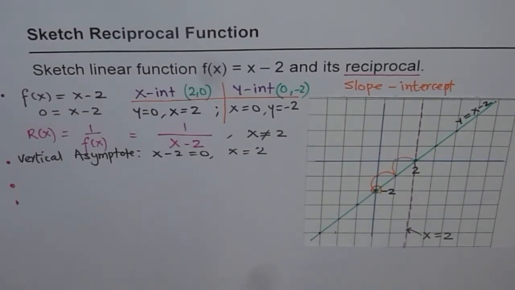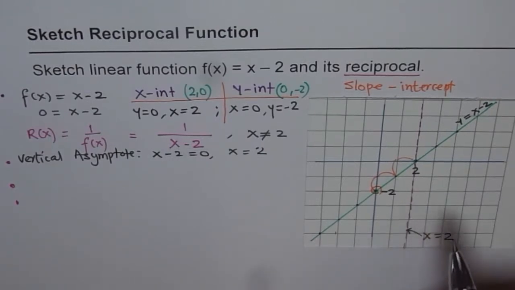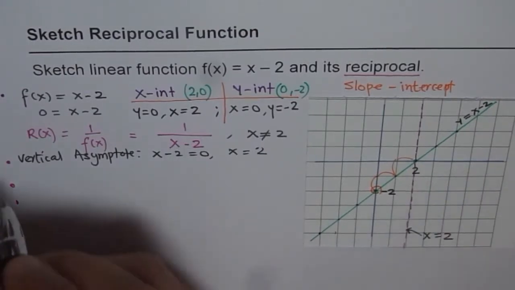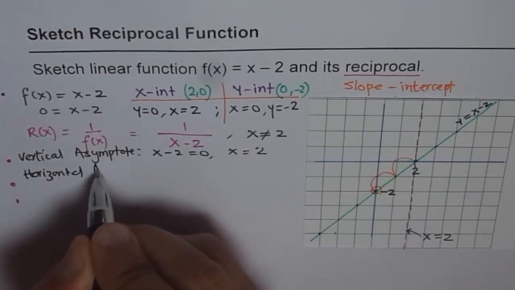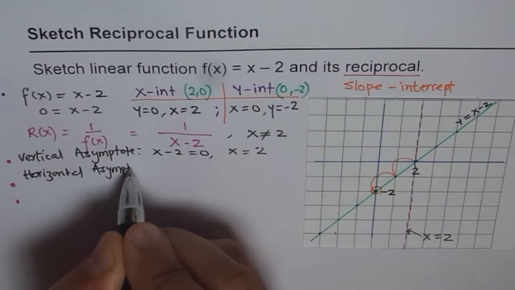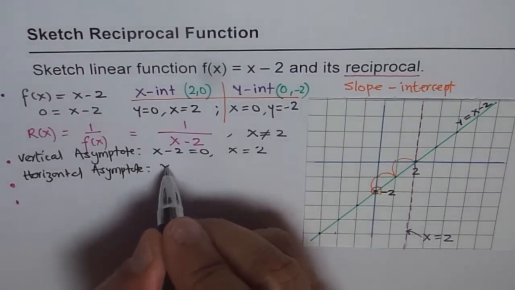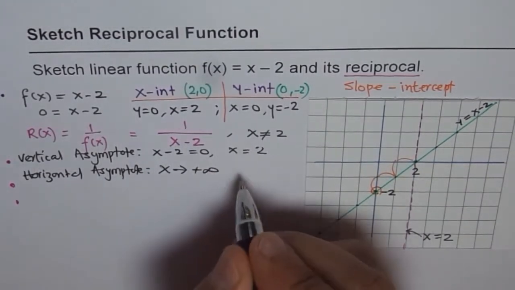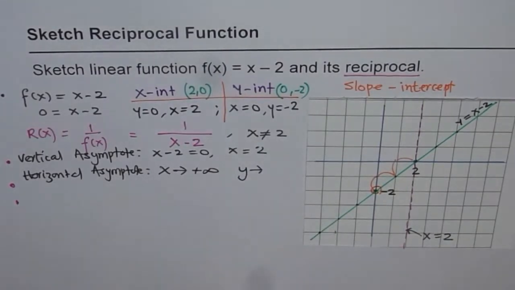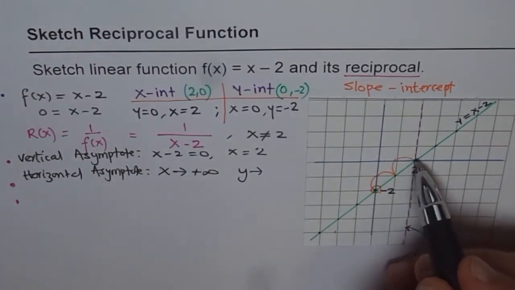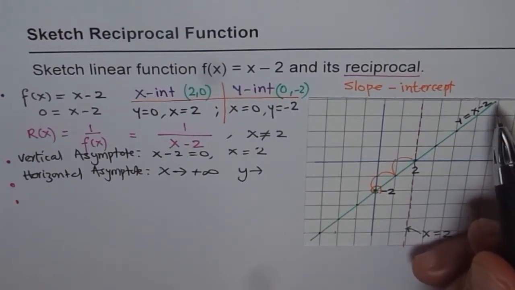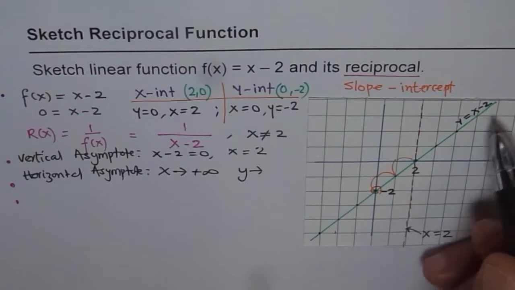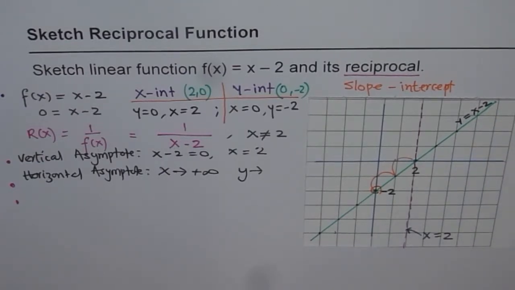Now the second thing is the horizontal asymptote. When x approaches positive infinity, what happens to y? As you can see, as x approaches positive infinity, the line approaches positive infinity, and 1 over something approaching infinity approaches 0.